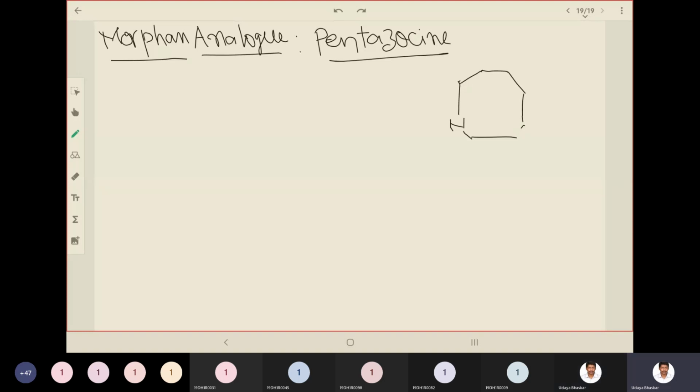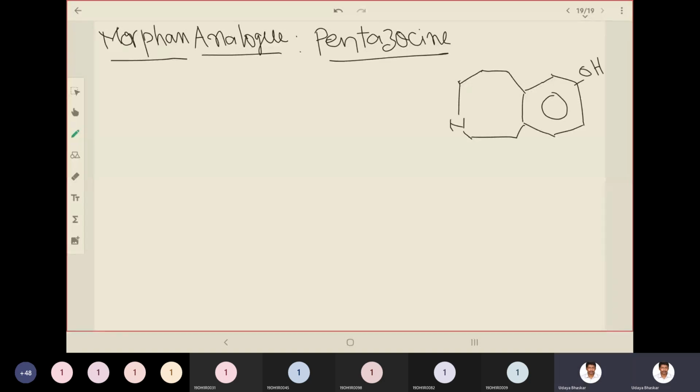So this is an 8-membered ring actually. 1, 2, 3, 4, 5, 6, 7, 8. 8-membered, which is fused with the phenyl ring, and it has one more bridging.